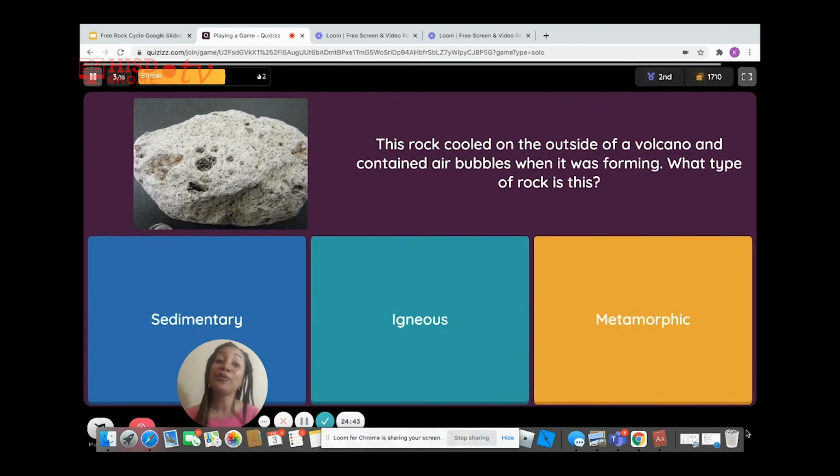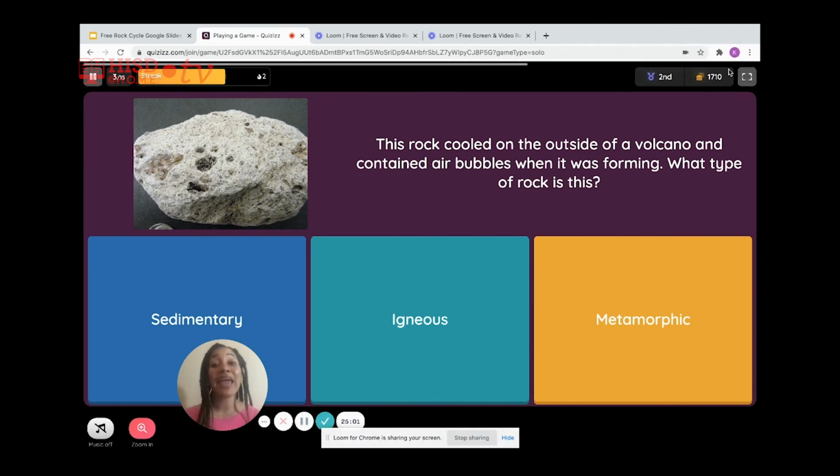This rock cooled on the outside of a volcano and contained air bubbles when it was forming. What type of rock is this? Yes, if we are talking about a volcano, we're most likely talking about magma.